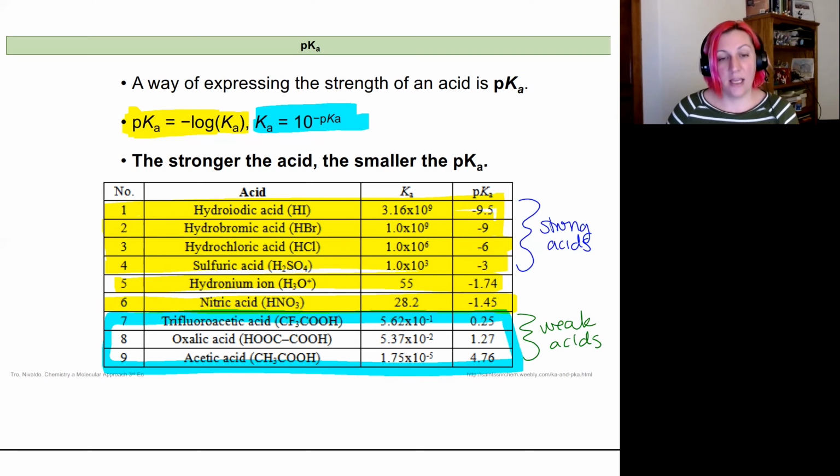Things like trifluoroacetic acid or oxalic acid or acetic acid, they all have positive numbers for their pKa values. And again, the lower that number, the larger the Ka value, which means the stronger the acid. So overall, you can just take away that the lower the pKa is, the stronger the acid.